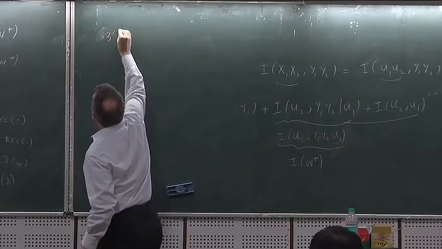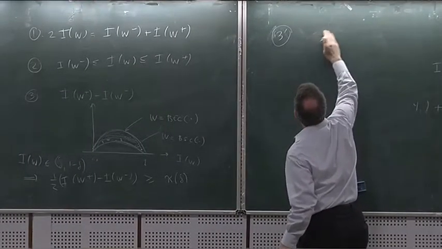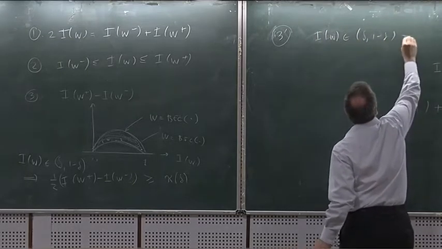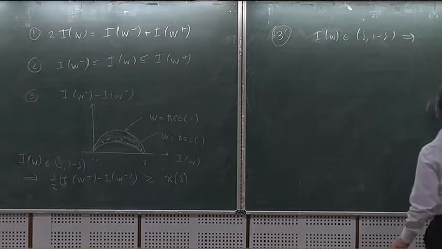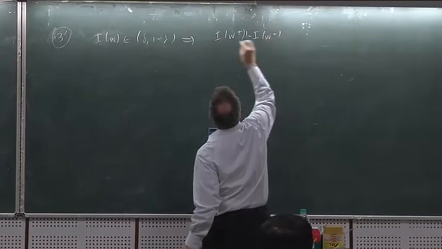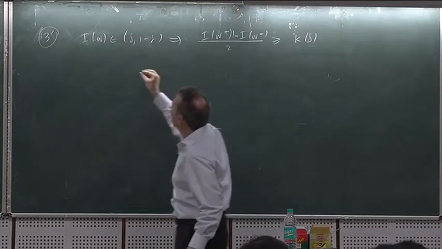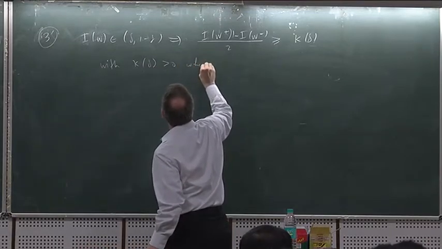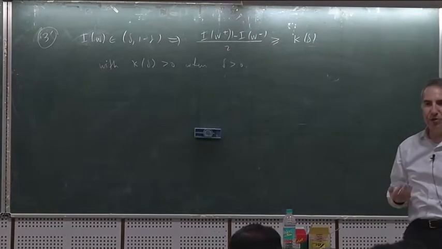So the property 3 prime, which is a corollary of this graphic: if I(W) is between delta and 1 minus delta, this implies that I(W plus) minus I(W minus), divided by 2, is at least kappa of delta, with kappa of delta strictly positive whenever delta is positive.